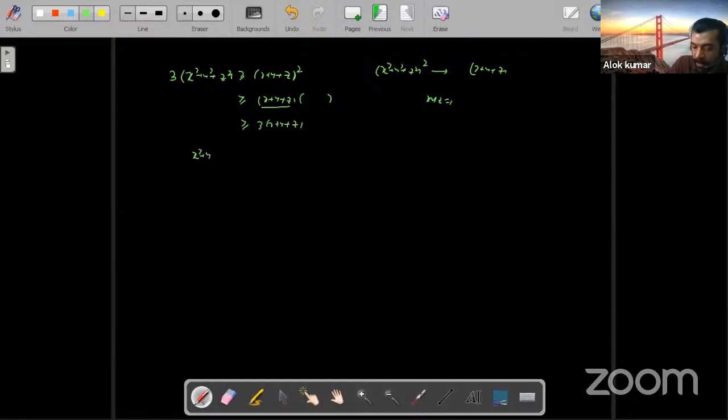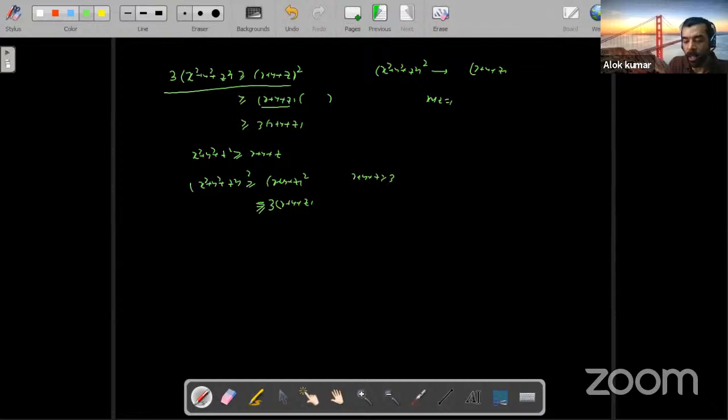So I get x square plus y square plus z square greater than or equal to x plus y plus z. Now I can again square it. So (x square plus y square plus z square) whole square greater than or equal to (x plus y plus z) whole square. And I can again keep 1 (x plus y plus z), and the other I know is again greater than or equal to 3. So this is greater than or equal to 3xyz. So I've connected. Or here you could have squared directly first, and then 1 you keep x plus y plus z, the other you replace. That also was fine. Got my point?